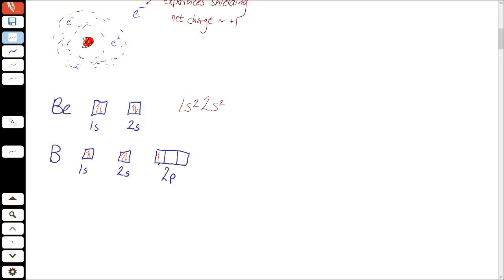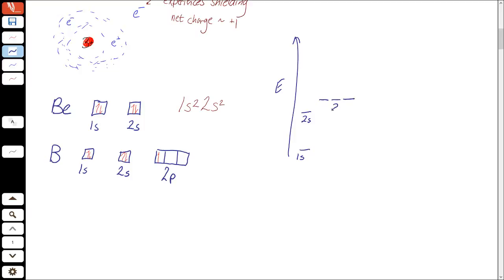Okay, so now it's time to start talking about some energies. One thing that can be helpful is to think about the order that you fill these things up has to do with their energy. We're going to build up from lower energy to higher energy. So our lowest energy orbital was the 1s. Then higher than that was the 2s.